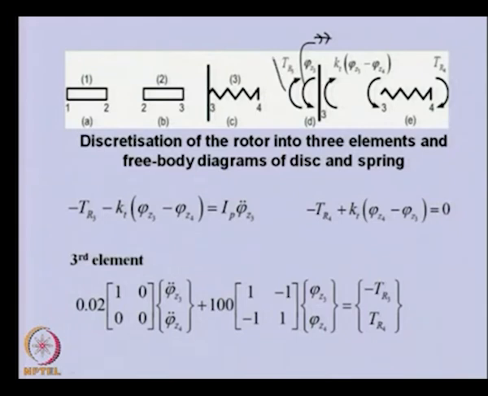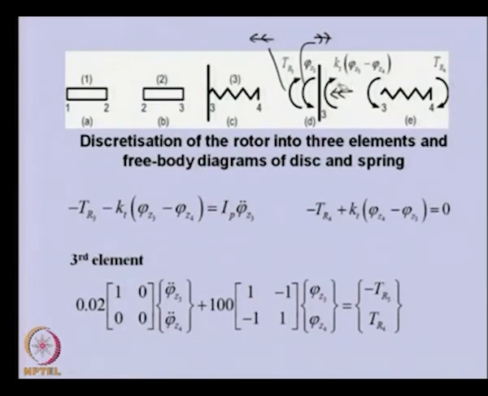So, the reactive torque will act opposite to that in this direction, and this will also act in the opposite direction. So, this reactive torque is from the shaft. You can see this particular disc is not only attached to the spring, but it is attached to the shaft also. So, this reactive torque is coming from the shaft, and this reactive torque is coming from the spring.